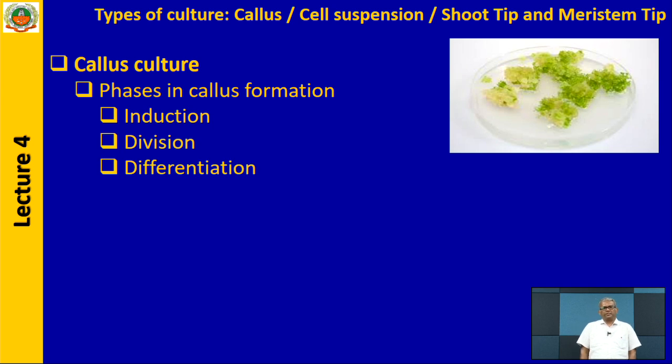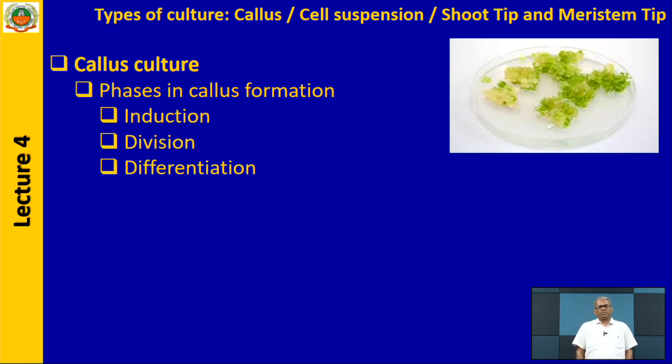To explain this, when we take an explant, for example, a leaf bit, with the purpose of inducing callus, we try to induce the leaf bits to reprogram themselves to give us a mass of cells that are rapidly dividing, for which we need to play with the hormones such as auxins, cytokinins and so on.